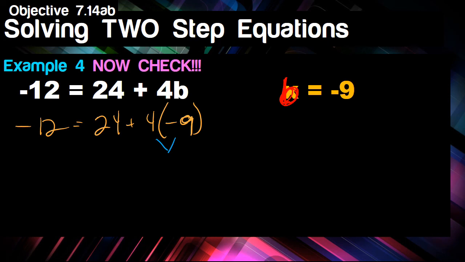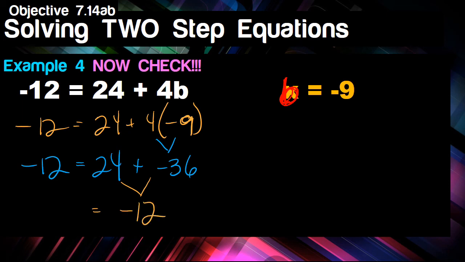So 4 times negative 9 is negative 36, plus 24 is equal to negative 12. Let's simplify this one more time. So 24 plus negative 36 is negative 12, which is equal to negative 12. So that checks out.